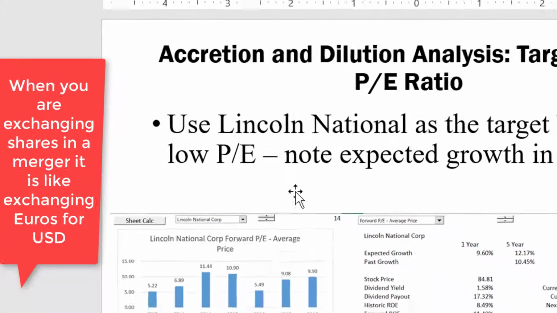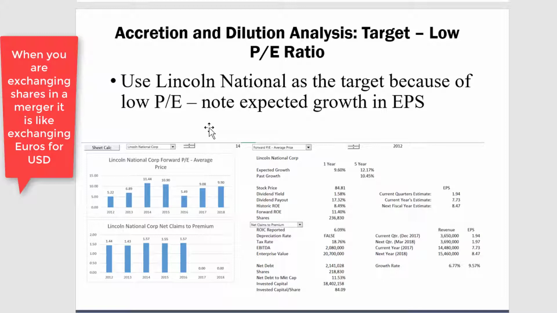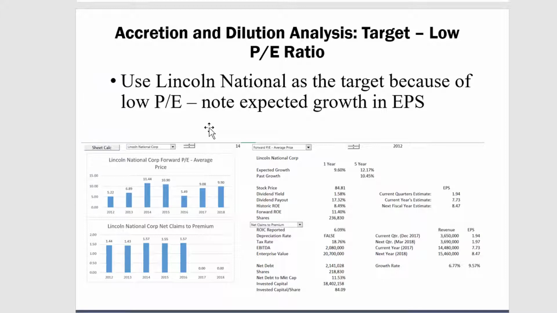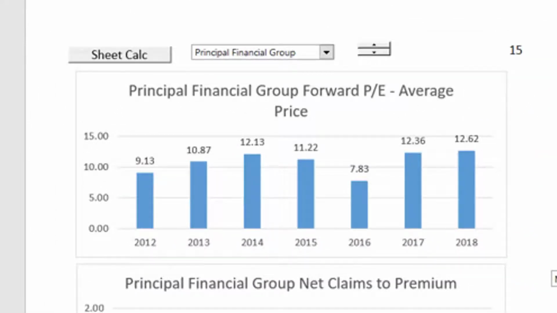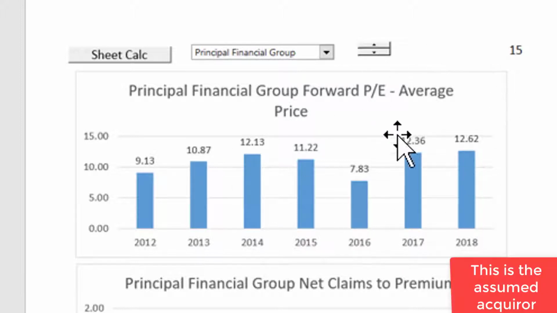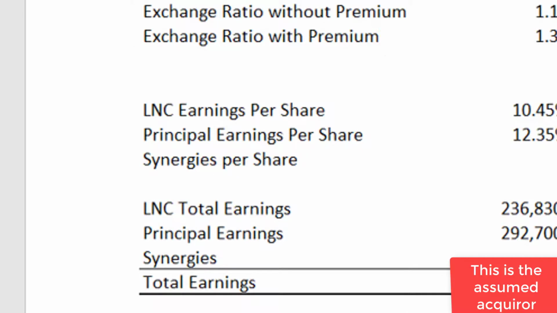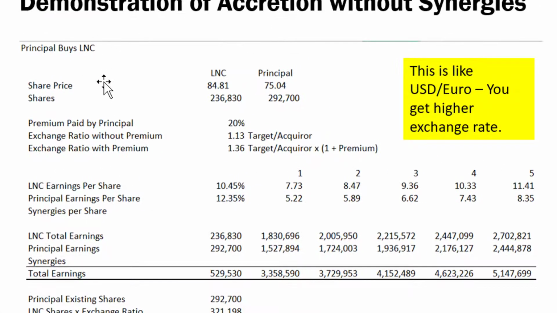So if we exchange shares in a merger, it's like exchanging euros for dollars. This example is from the insurance business. Lincoln National had a fairly low PE ratio, and the next company, Principal, had a high PE ratio. So we have Principal buying LNC.